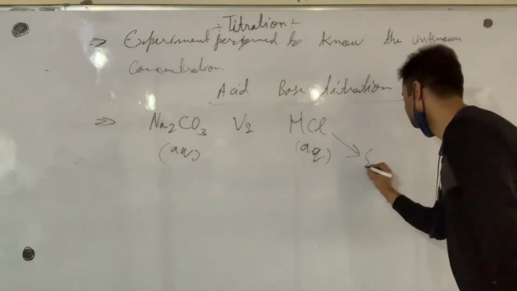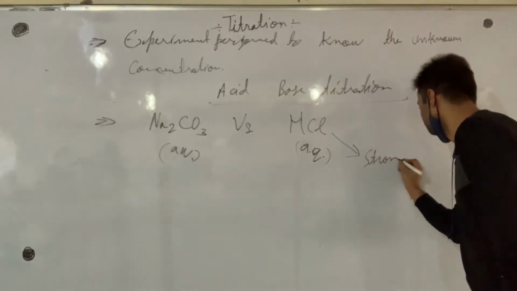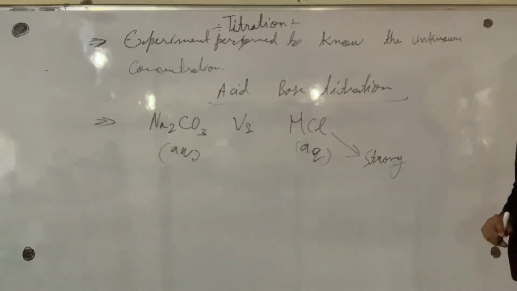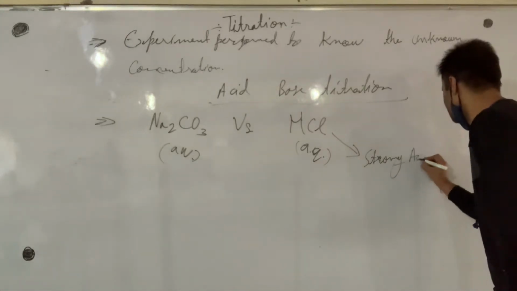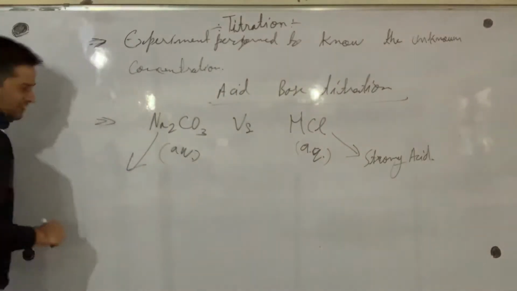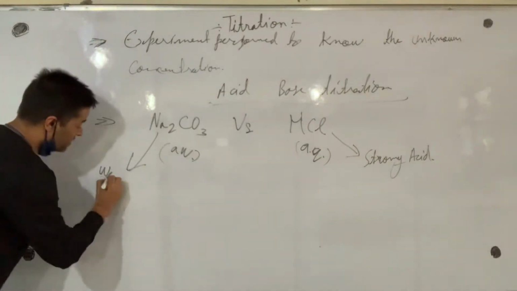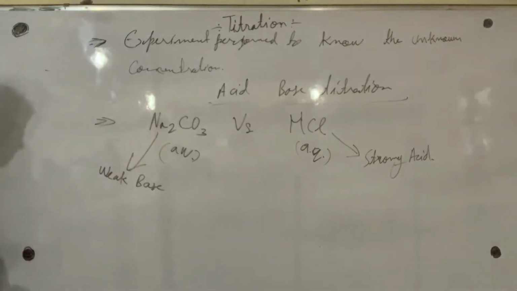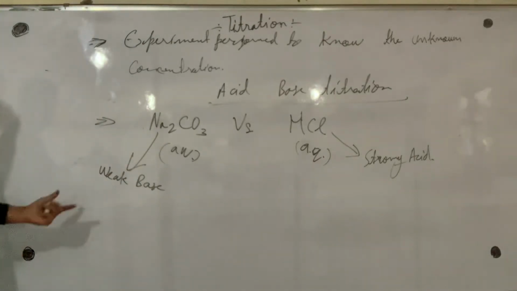Okay? We have studied in 10th standard strong acids and weak acids. It is a strong acid, and carbonate is your weak base. Because we are taking a weak base, an indicator is used. Okay?